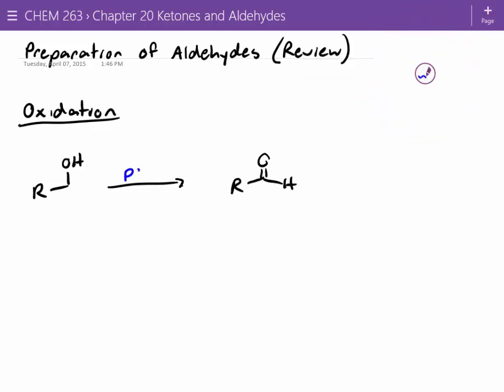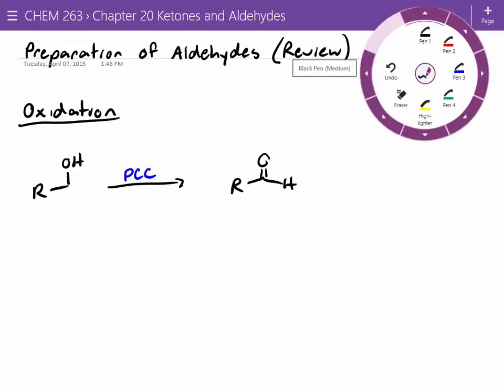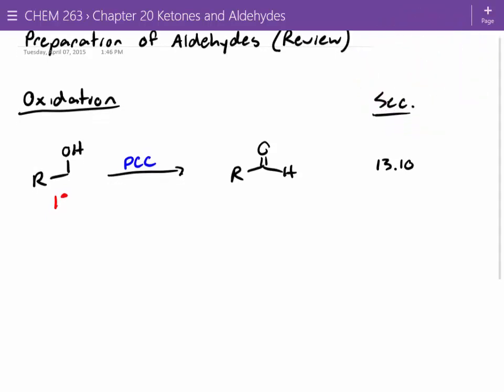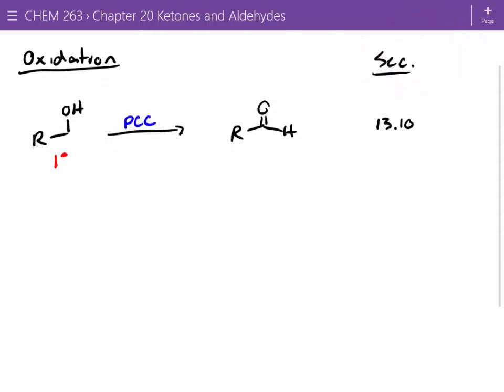PCC, right? This was in section 13.10. And in particular, we said that this has to be a primary alcohol in order for this to work. I like when you put the section number. Okay, I'll keep on trying to do that.